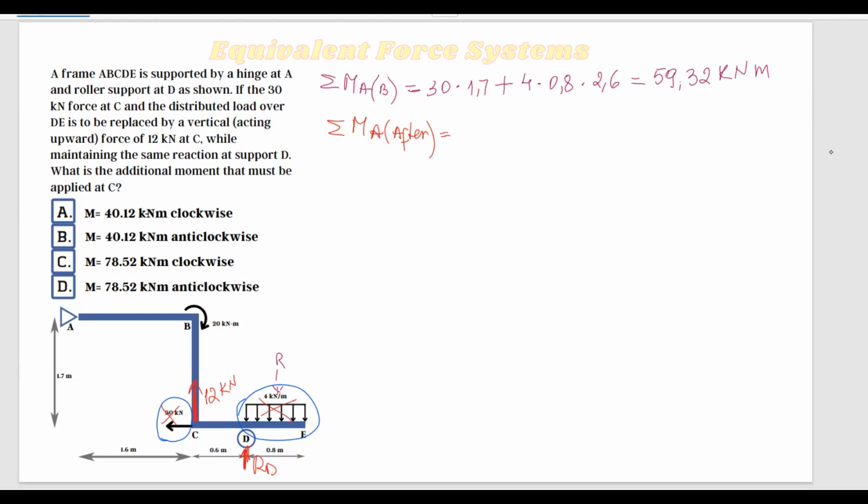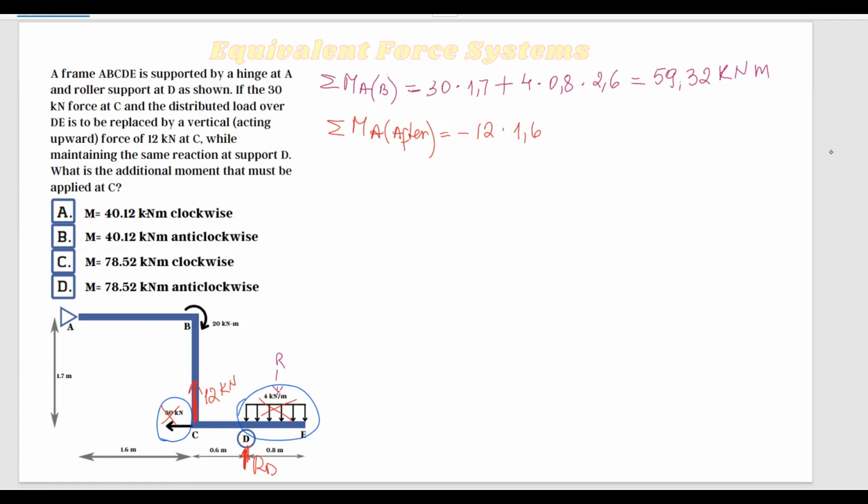We remove them. We only have this 12 kilonewton force going upward. And this is counterclockwise, so I'm going to add minus 12 kilonewtons multiplied by the arm, which is 1.6 meters. And I'm going to ignore this 20 kilonewton meters this time.